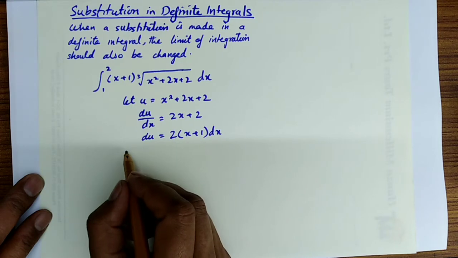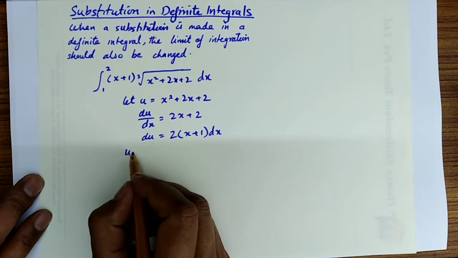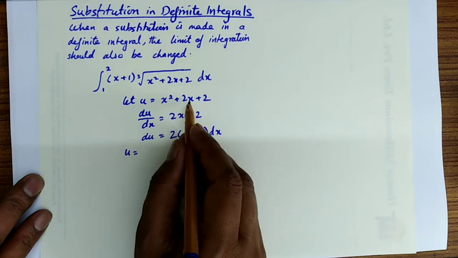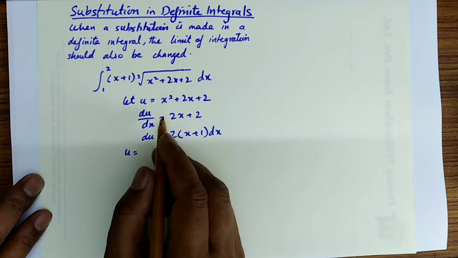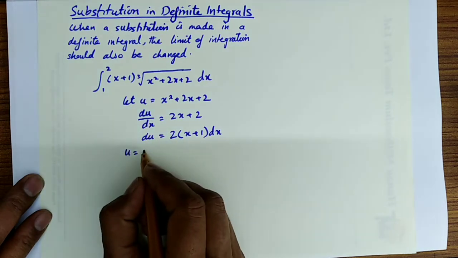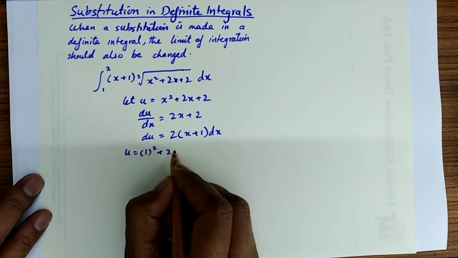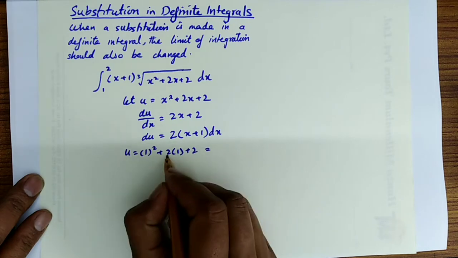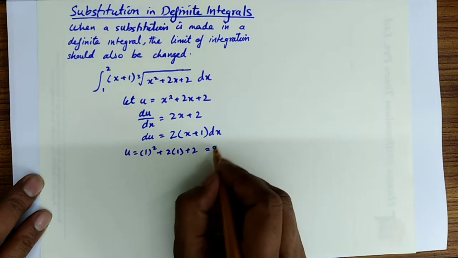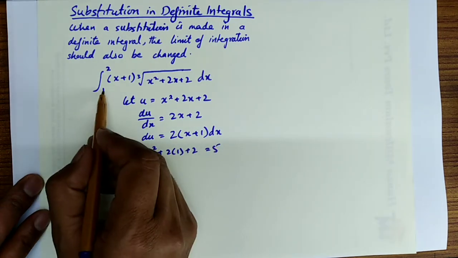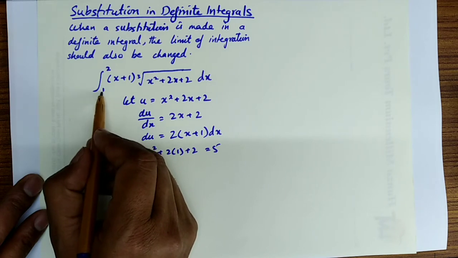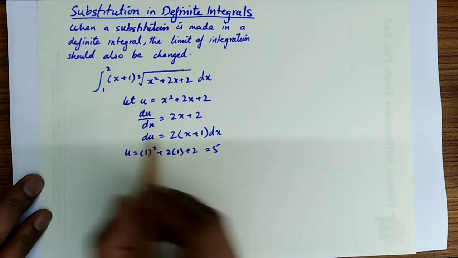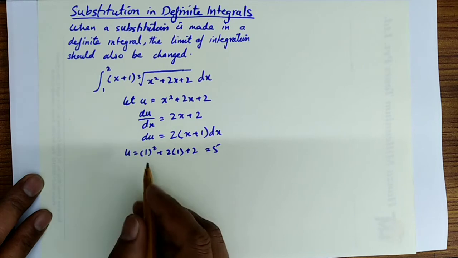So u, in place of x here, I'm going to substitute 1, the lower limit. So what happens? 1 square plus 2 into 1 plus 2. That gives 2 plus 2, 4 plus 1, 5. So in place of 1, after substitution, we have to write this 5 here, right?